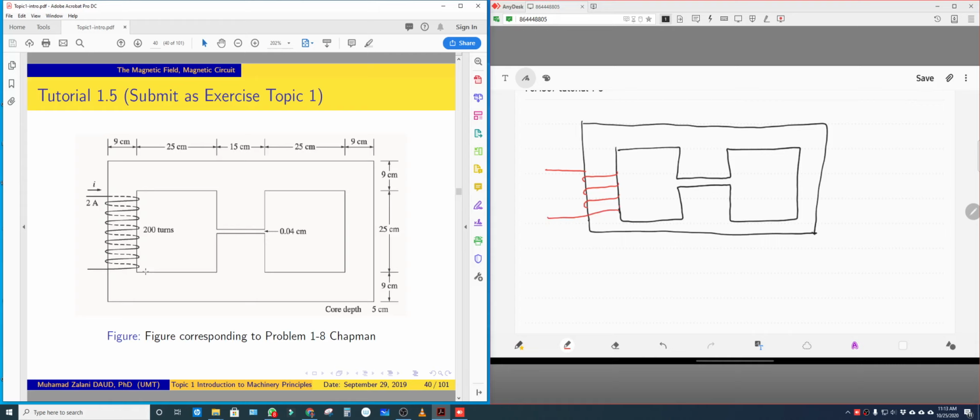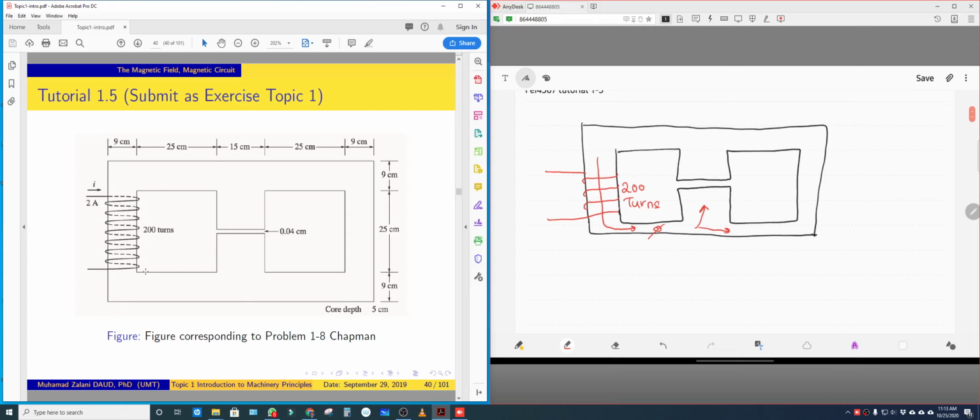Okay. Wire which is 200 turns. So flux will be moving to that direction. Using the right hand rule, the flux will be moving to that direction. Then of course the flux will be split into two, which is phi 1 and phi 2.